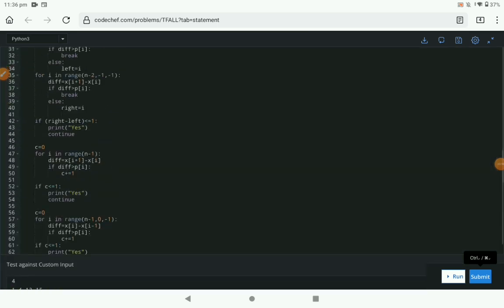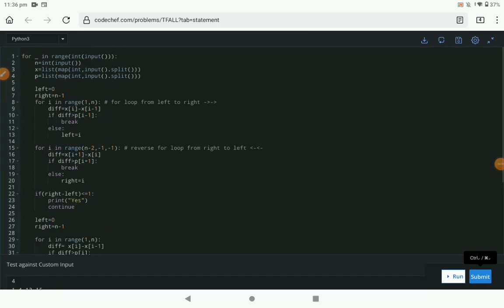Okay. So now let's try to understand this with the help of some diagram. What's the first statement? Yes.